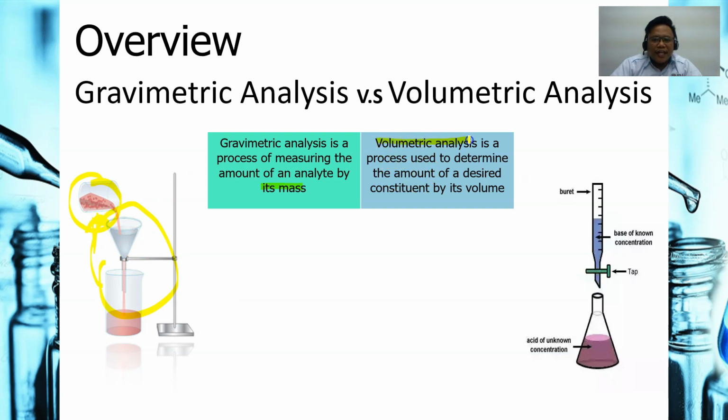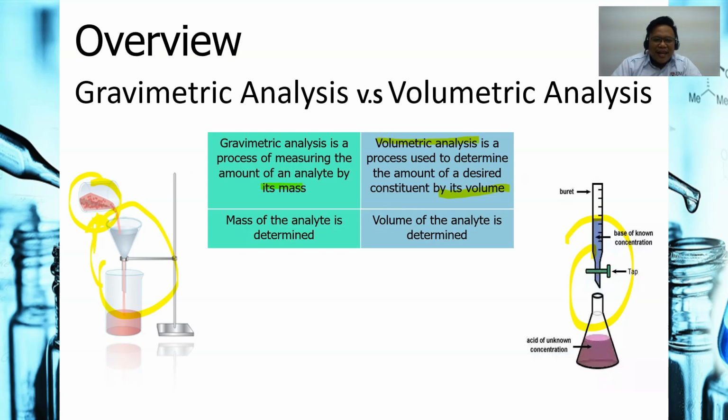Volumetric analysis is a process to determine the amount of a desired constituent by its volume. This process can be done through the titration process. I think you have already done both of these techniques in lab sessions, right?